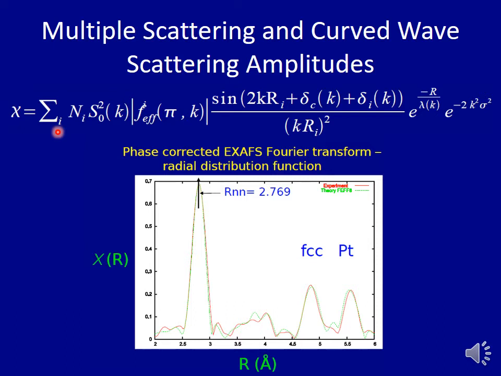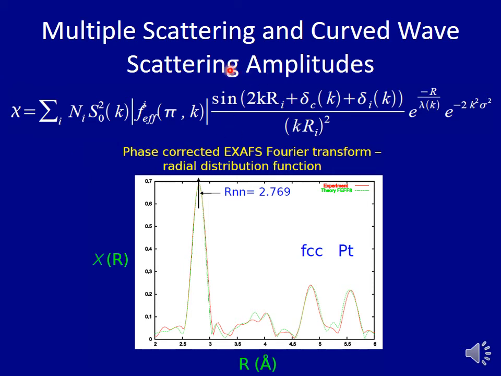And this, of course, changes the kind of function that you're going to get, although you can cast it still back into a similar type of expression where you get something that still looks like your normal XAFS equation.